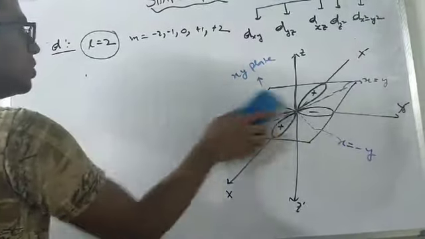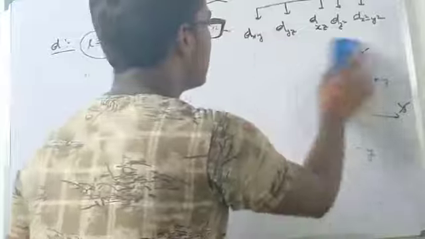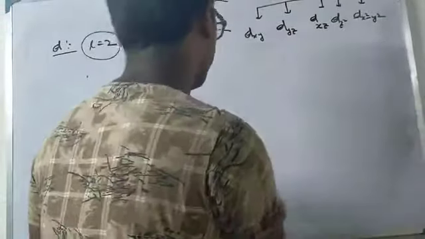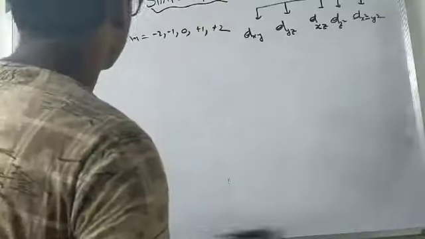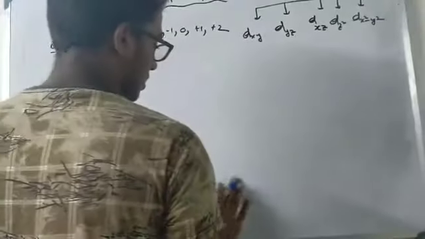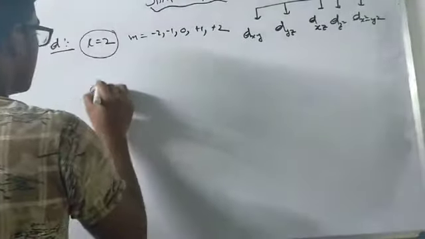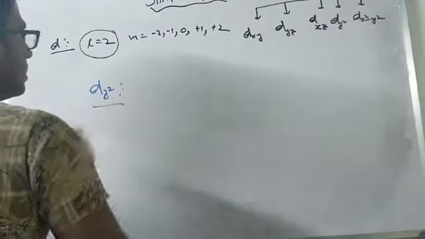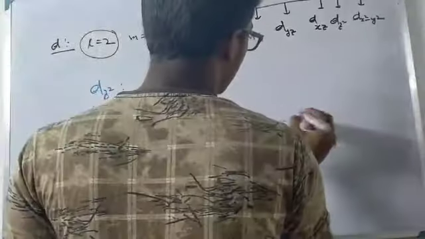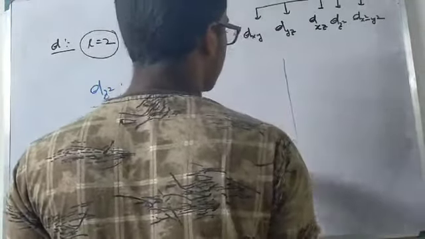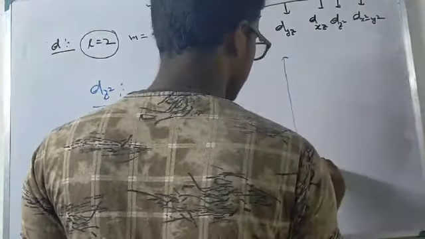So now let's come to dz square. The important point for dz square is that if I draw, let's say this is the z axis.